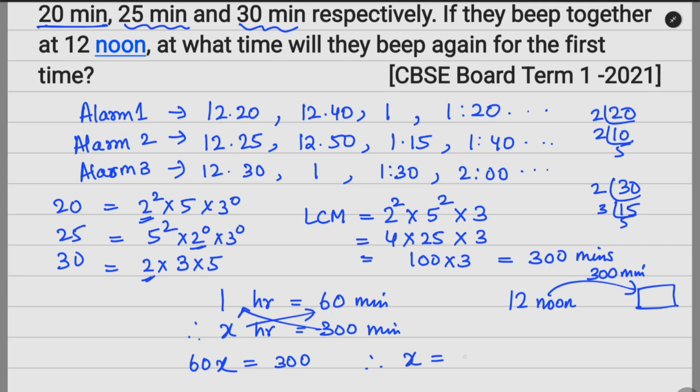Therefore, X is nothing but 300 by 60, which is nothing but 5. And X is hours. So, 5 hours. So after 12 noon, it's after 5 hours. 12 noon means 1, 2, 3, 4, 5. At 5 p.m., they will beep together. So what time will they beep together? The answer is 5 p.m. This is the answer.